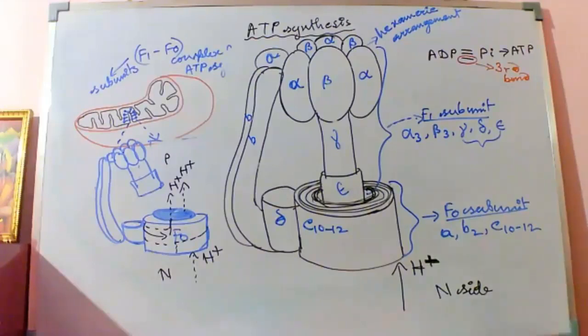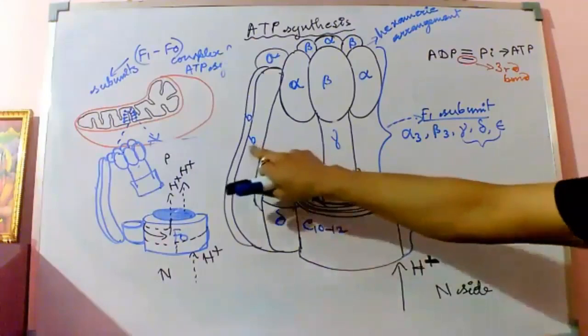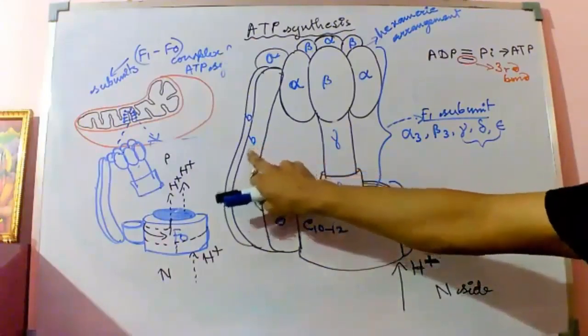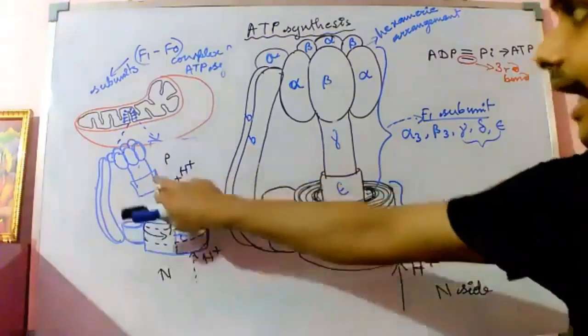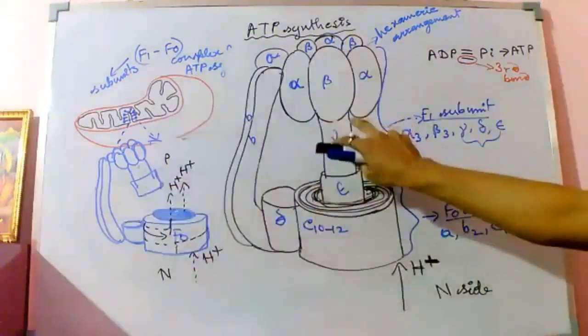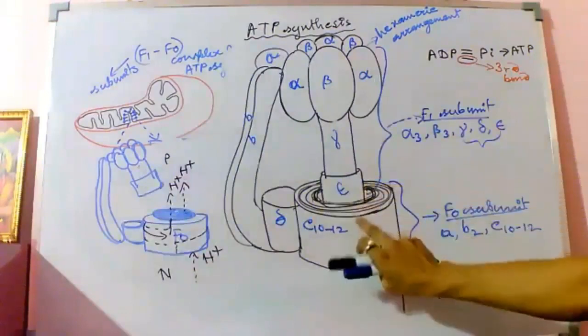So in order to maintain the balance of the proton pump or the proton gradient, immediately these B stalks, the B subunits of the F naught complex, what it does, it puts back this entire structure of the F1 complex into the F naught complex.